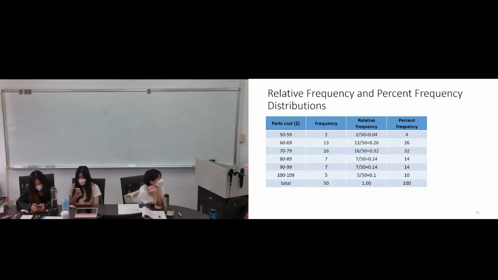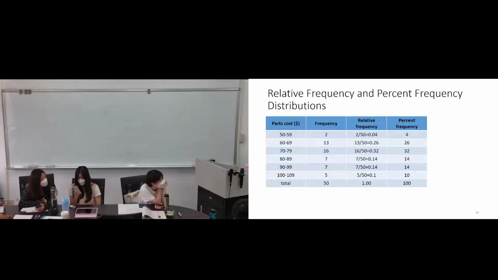The last row gives us the total of the frequency and the relative frequency. When we sum up the relative frequencies, that should be 1, and when we sum up the class percent frequencies, that should be 100%.